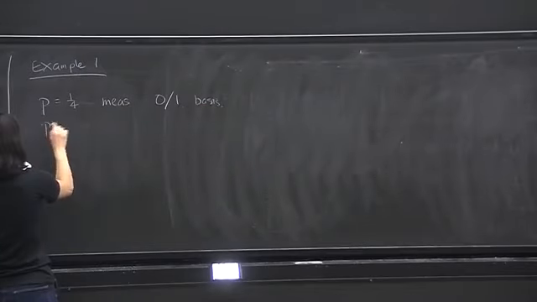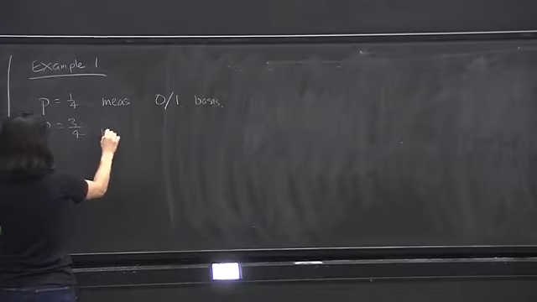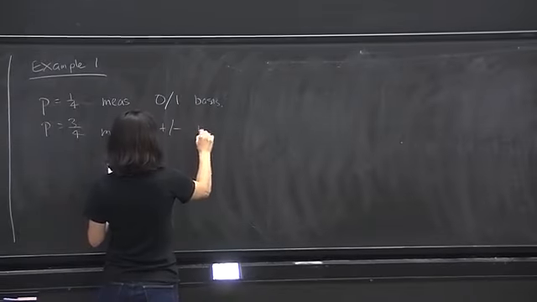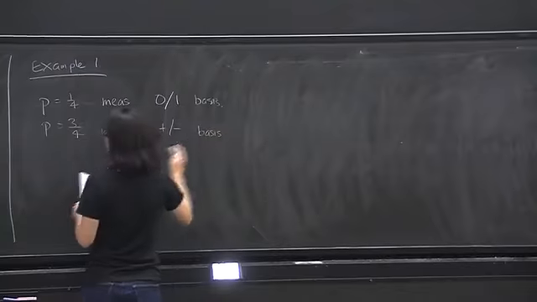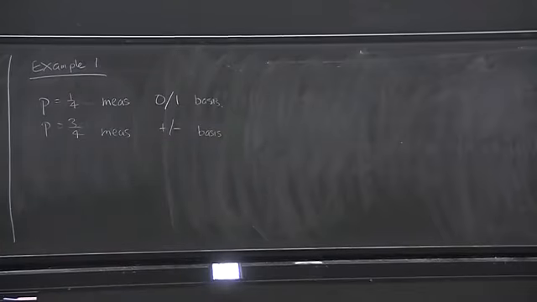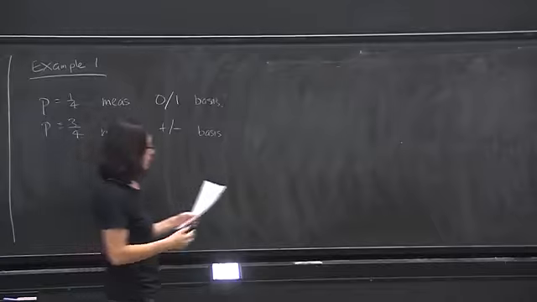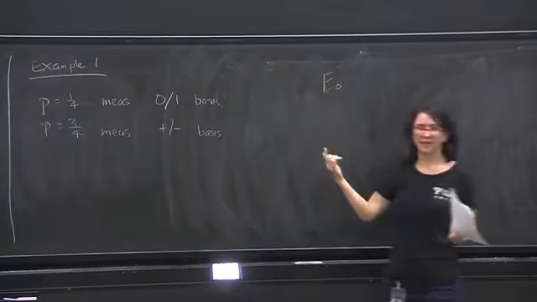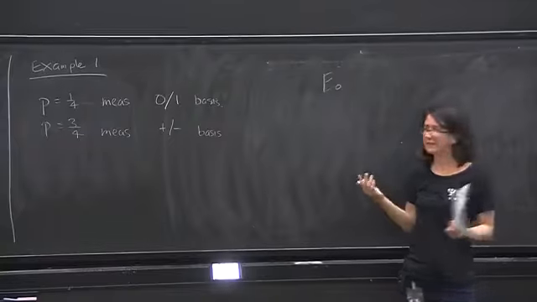And with probability 3/4, I will measure in the plus-minus basis. By plus-minus basis, I mean the eigenstates of the sigma x operator. So I can write down the POVM elements for this. There will be 4 of them because I have 2 measurements with 2 outcomes each.